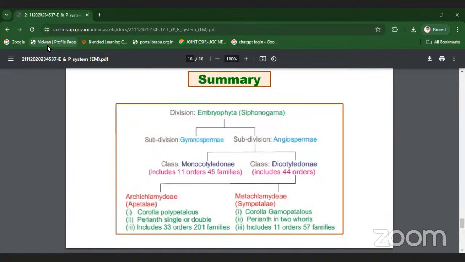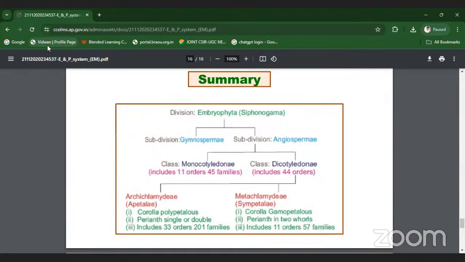Here, on page number 191, some of the important subclasses and orders are given. But you just write the subclass and order, not the family names. Just write the number. For example, the class is Magnoliopsida or Dicotyledons, the subclass is Magnoliidae, the order is Cyclanthales.